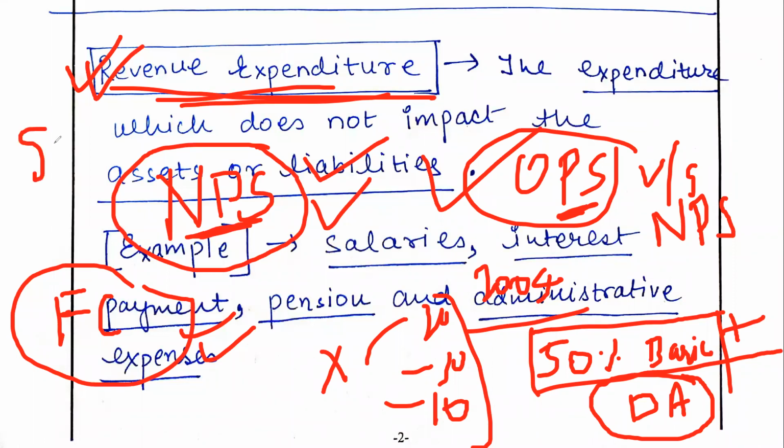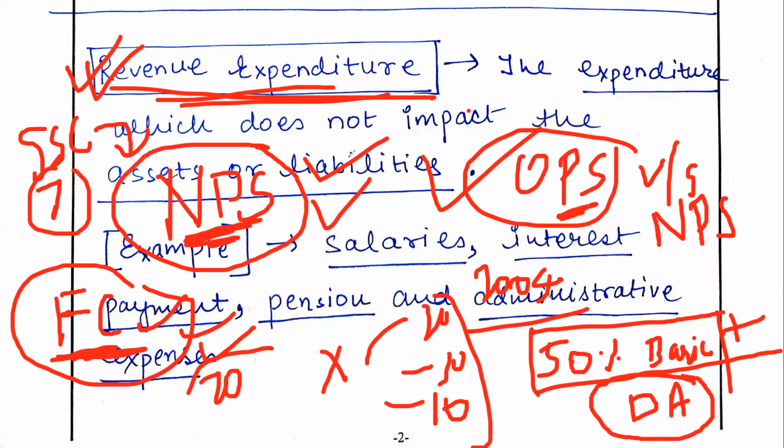I think short service commission people who do 7 years of service also had to participate in the new pension scheme. So only the full commissioned army officers and the jawans who did more than 20 years got the old pension scheme, and everyone else was shifted to the new pension scheme.